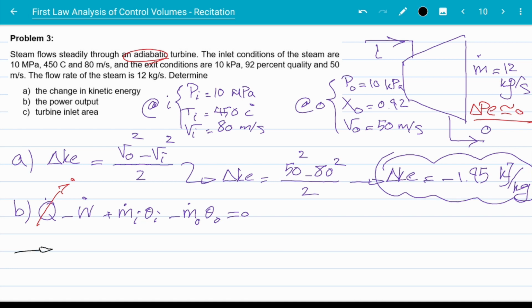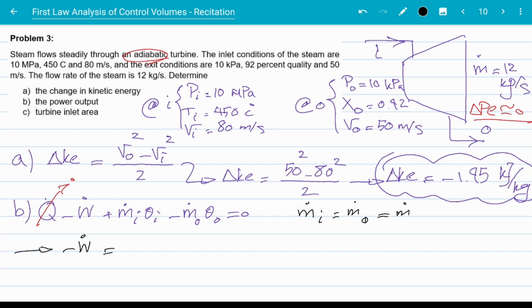With that in mind, we can continue simplifying this equation. I'll get minus W dot is equal to, now remember this is a single stream steady state device, so whatever's coming in is equal to whatever's going out. I'm just going to label it mass flow rate for simplicity.